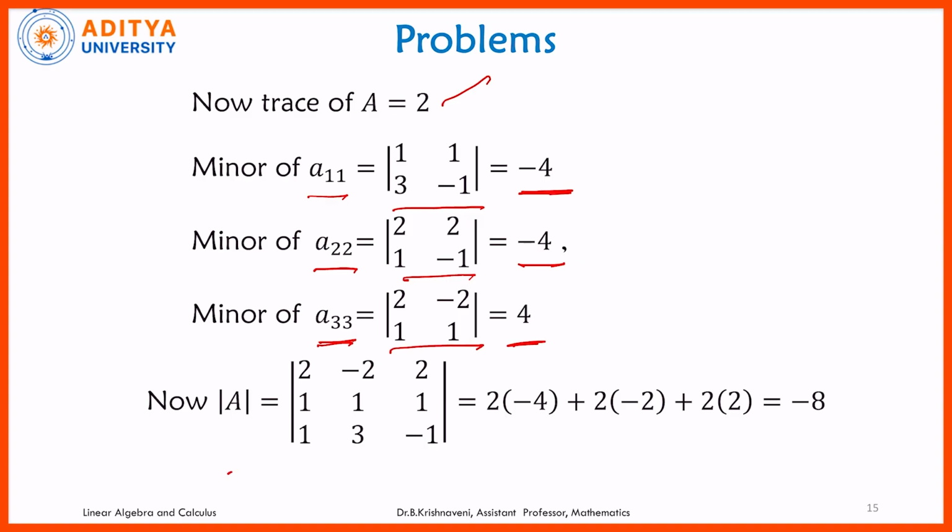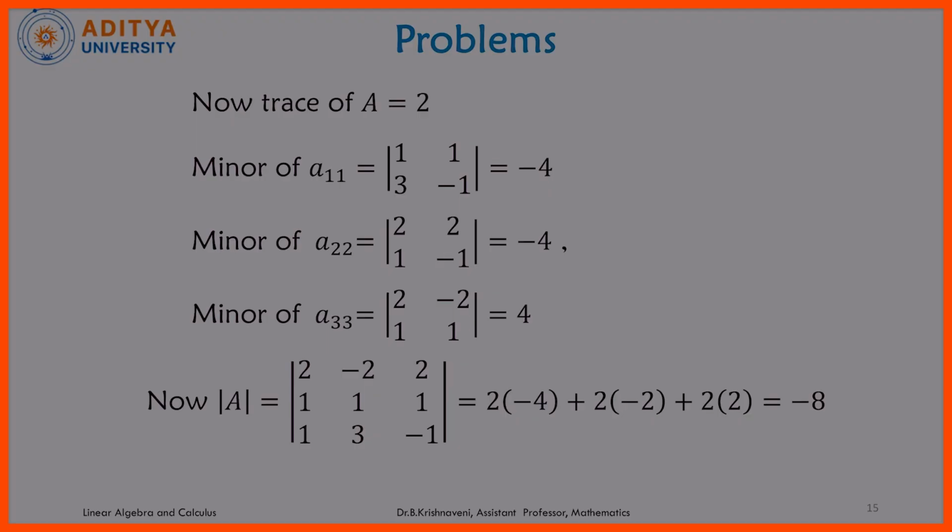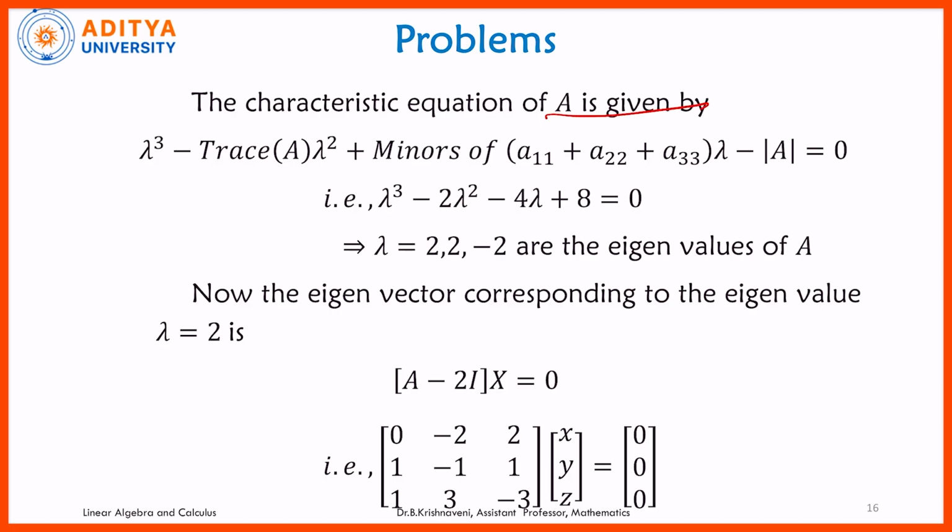Now in the formula we also need det of A, the 3 by 3 matrix determinant. We calculated it and got the value minus 8. Now the characteristic equation of A is given by lambda cube minus trace of A into lambda square, plus minor of A11 plus minor of A22 plus minor of A33 into lambda, minus det A is equal to 0.